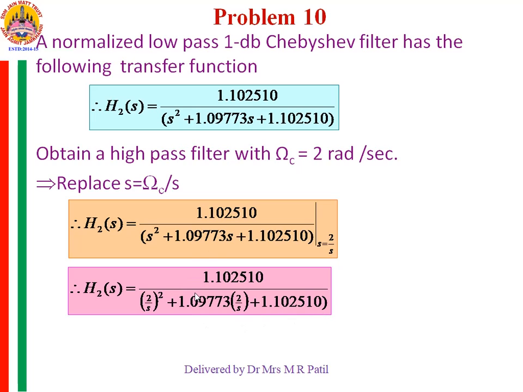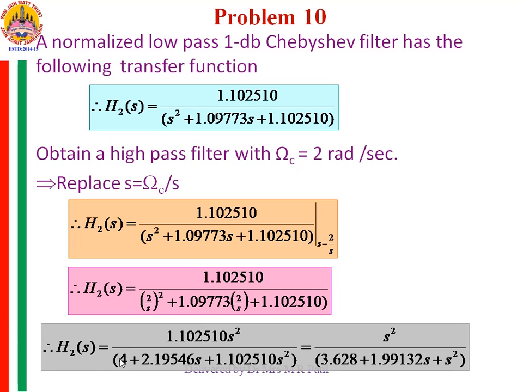Now to solve this, numerator and denominator both, we have to multiply with S square. If I multiply with S square, I will get H2 of S equal to 1.1025 S square. Here, if you multiply by S square, the first term will remain with 4.